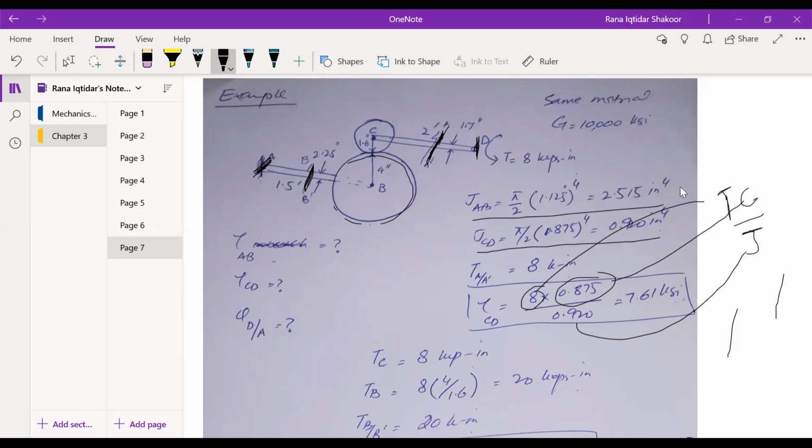What do we want to calculate? In this particular example, we want to calculate the angular rotation of point D with respect to this fixed point, right?